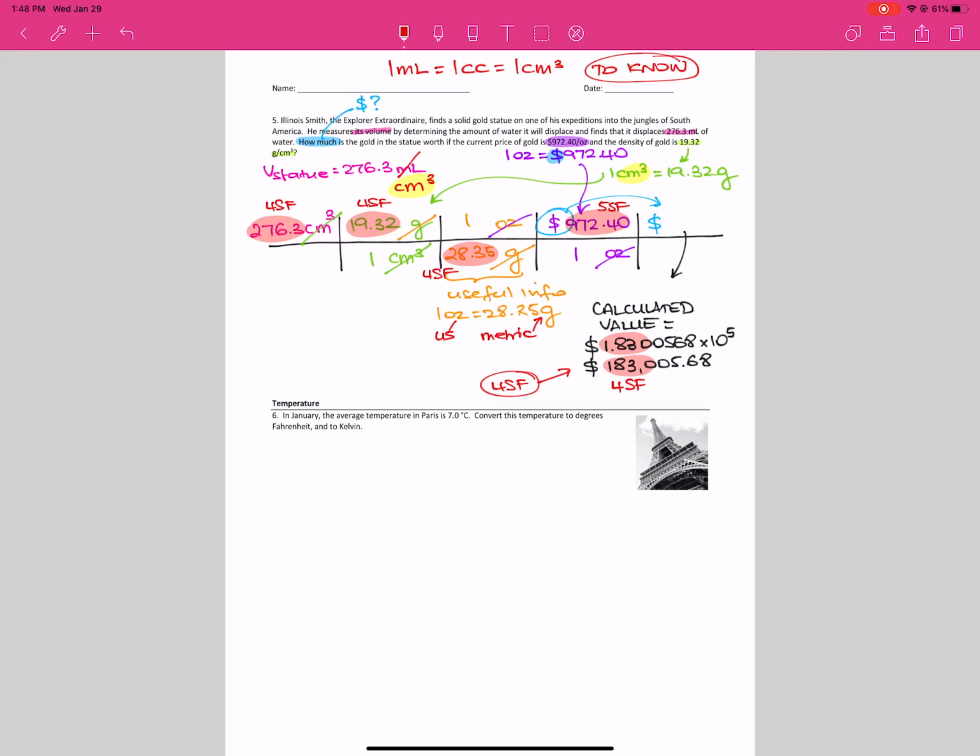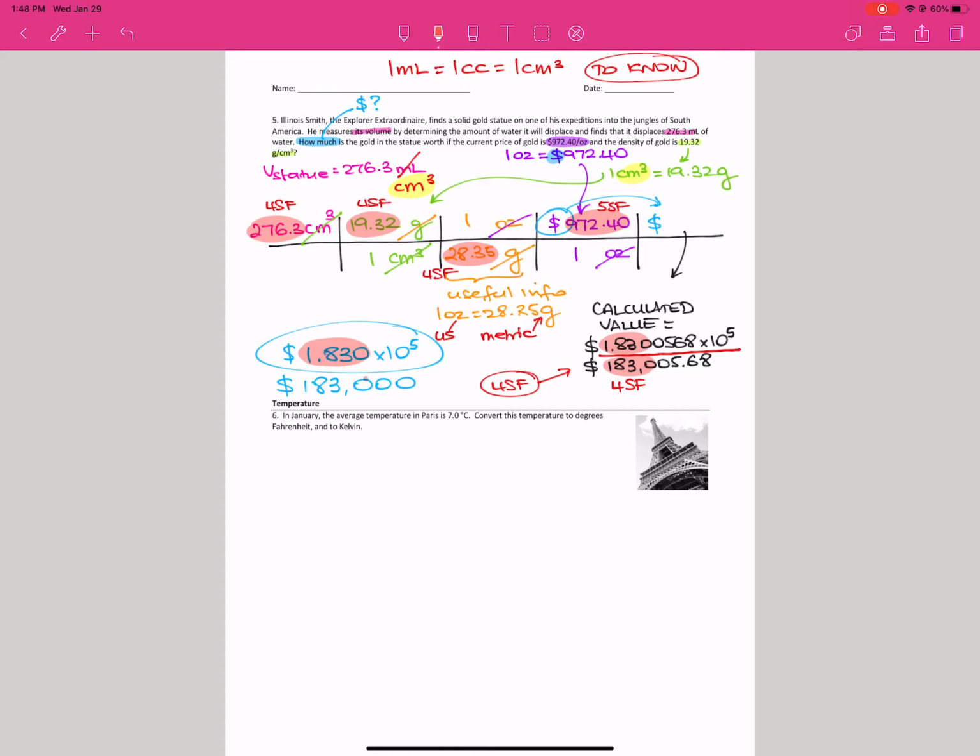Because I need to keep a 0 and drop a 0 while keeping the size of the number, it's easier for me to go with scientific notation. So I'm going to use scientific notation, and I will report my answer to 4 sig figs as 1.830 times 10 to the 5 dollars. Again, the reason why I use scientific notation is because I want this 0 to count. But if I were to use standard notation, it would look like this.